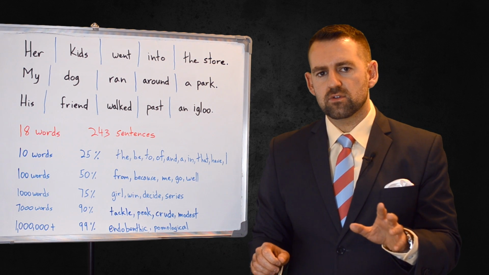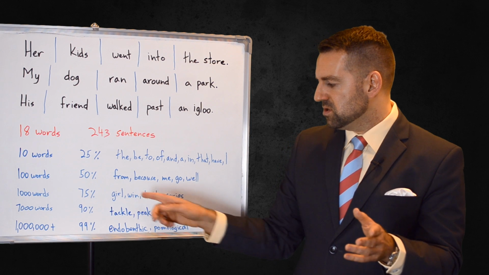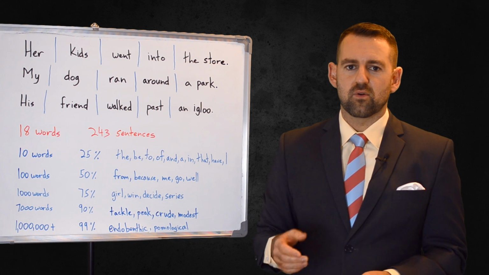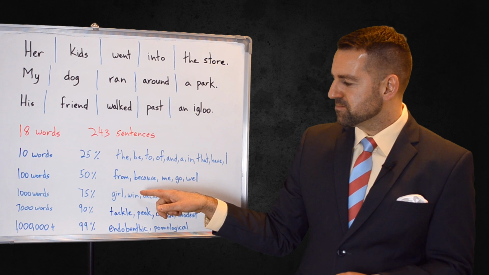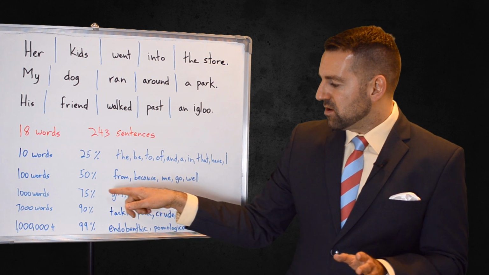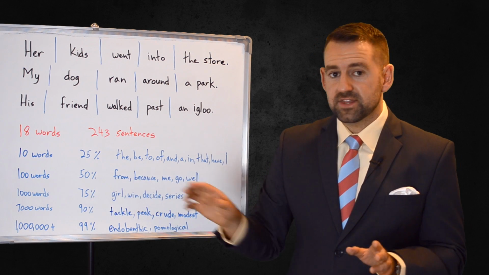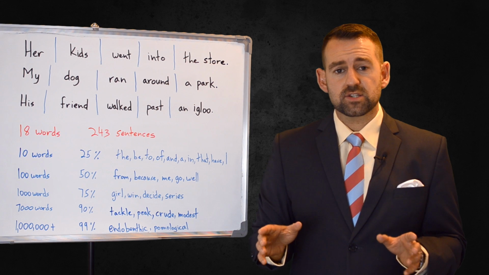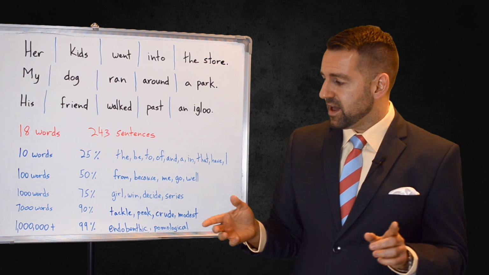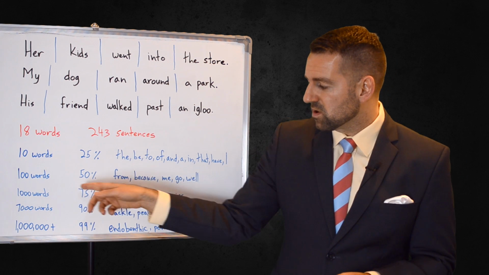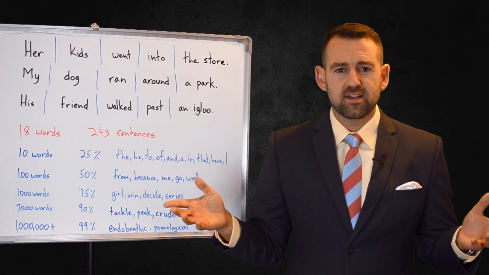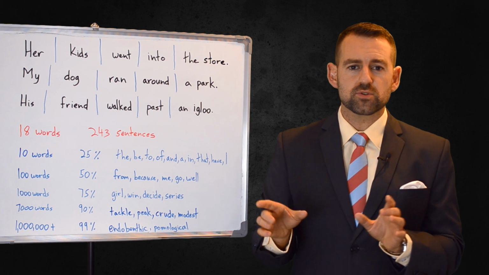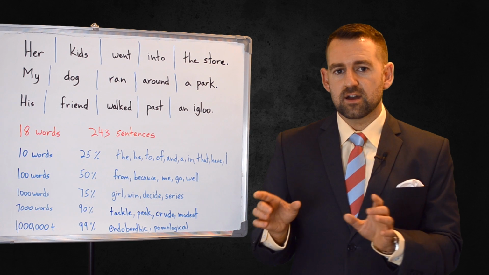Maybe you don't know all of those words, but I'm sure you know girl or boy or other words in this category. Okay, now 75%, that's a lot. That's a lot of English. And if you can learn 1,000 words, your English will be incredible if you can practice using those words in sentences like this here.